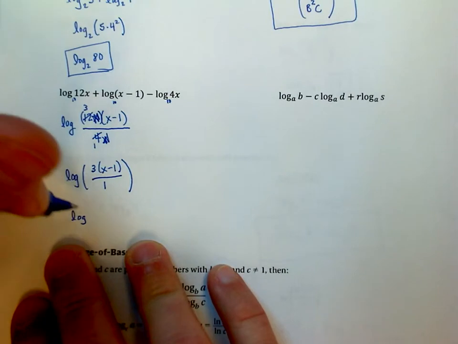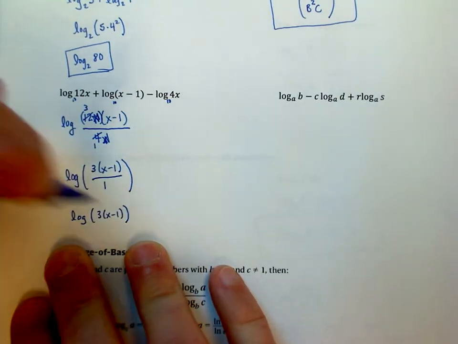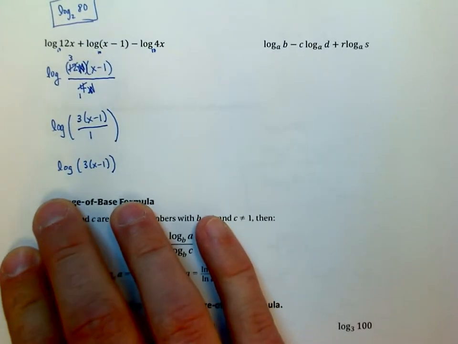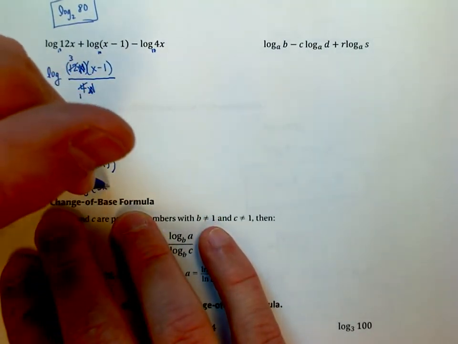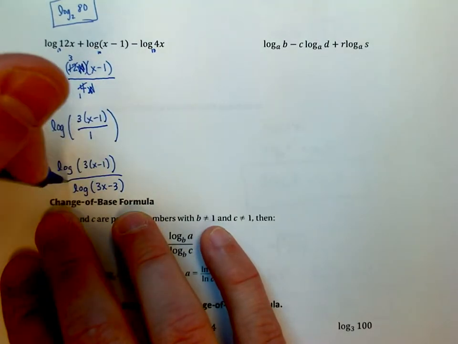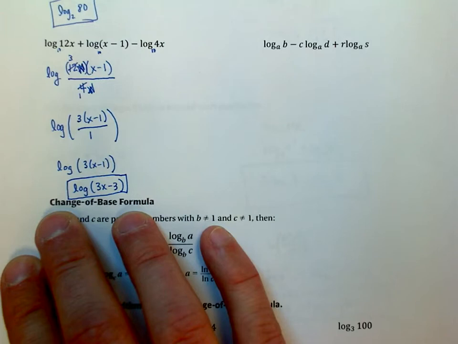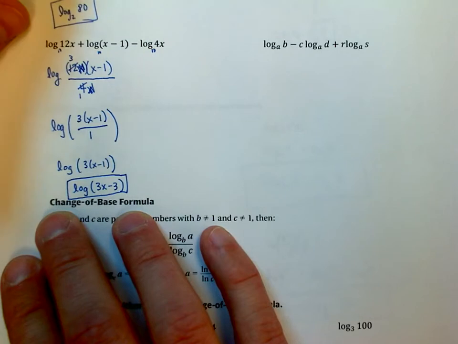It's really the log of 3 times x minus 1. You could leave your answer like that if you want to. Probably preferable to do this. Distribute out the 3, and you get the log of 3x minus 3. So that would be the format of this answer. Okay, a little bit of work there. So in other words, when we get division, make sure that you're looking for simplification if at all possible.